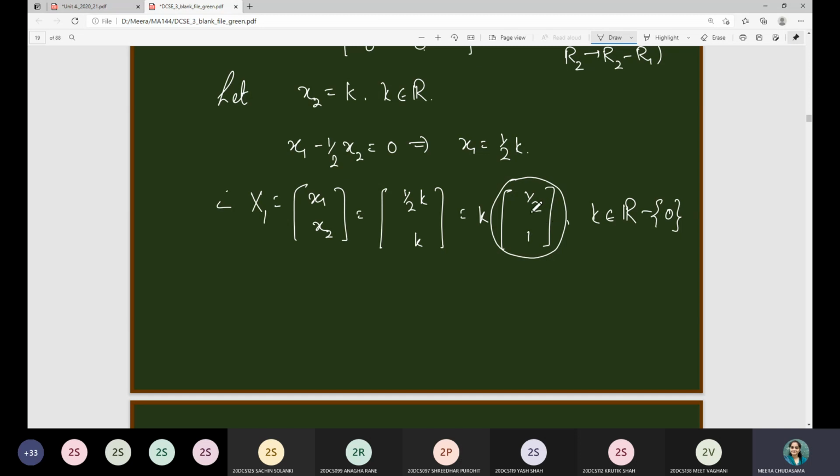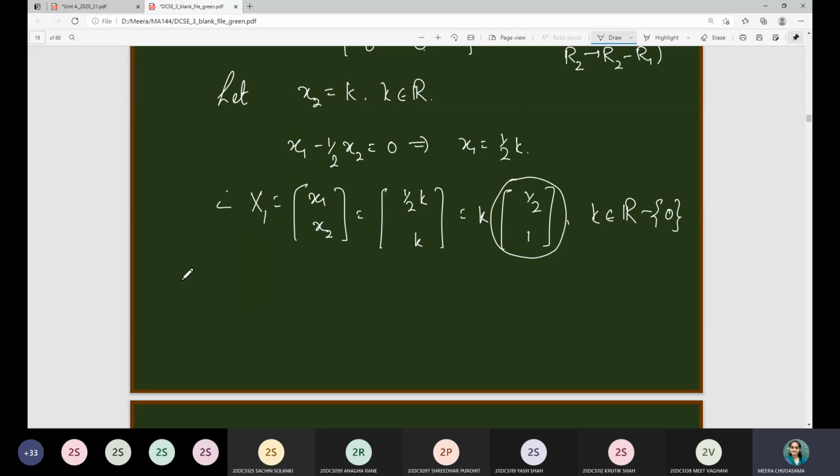In that case, this is called the basic vector. If I consider k = 2, for example, then this one will be [1; 2]. This is also an eigenvector. If I consider k = -1, then [-1/2; -1] is also an eigenvector. So all scalar multiples of the basic eigenvector will be eigenvectors of the given eigenvalue.